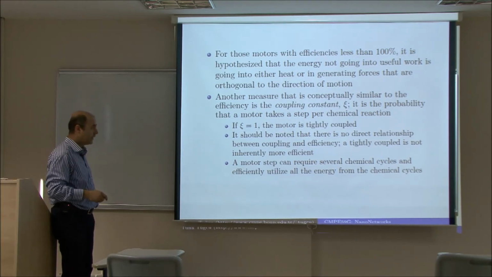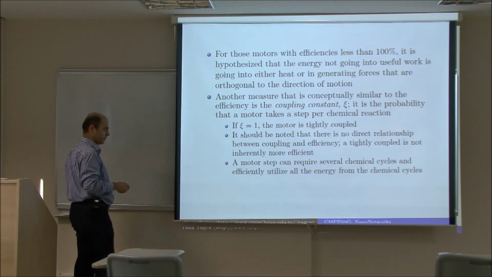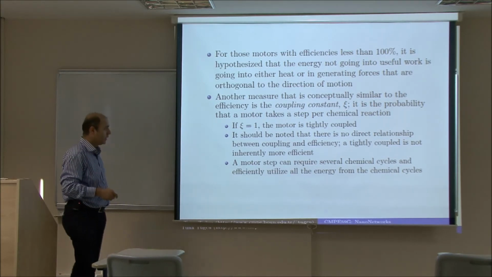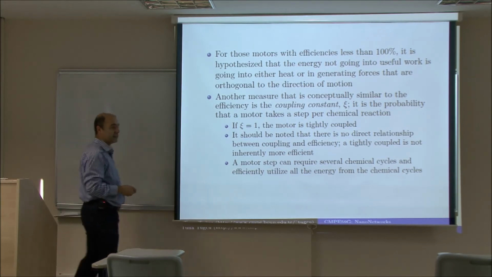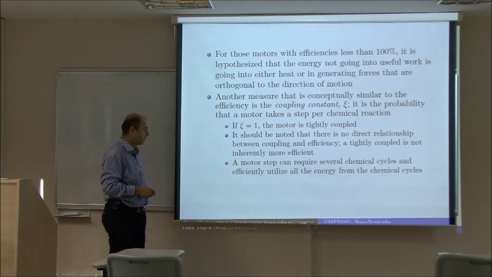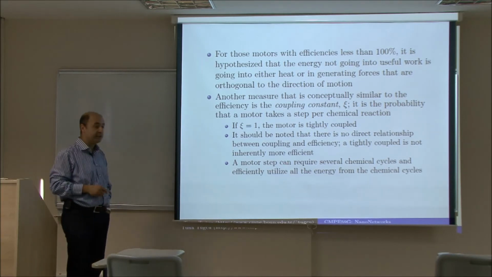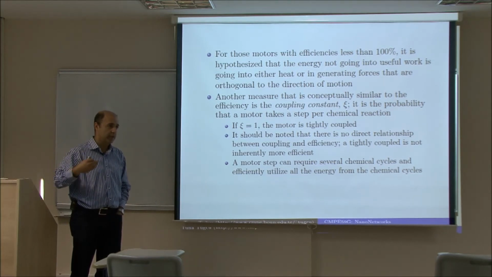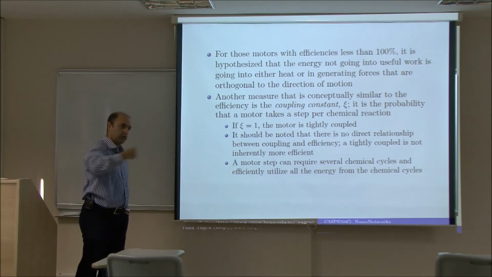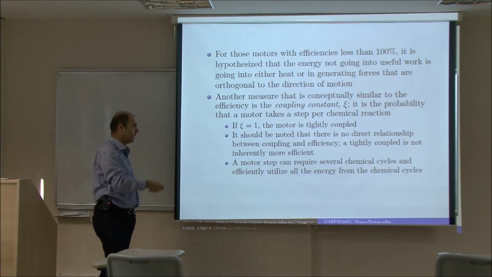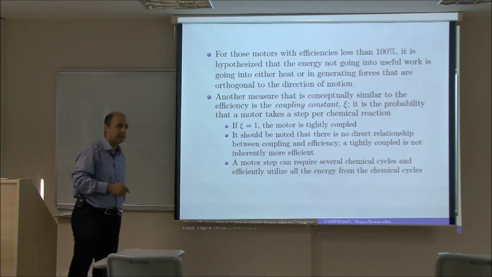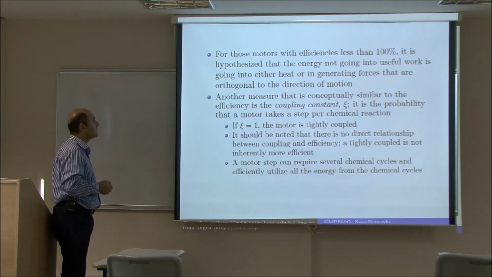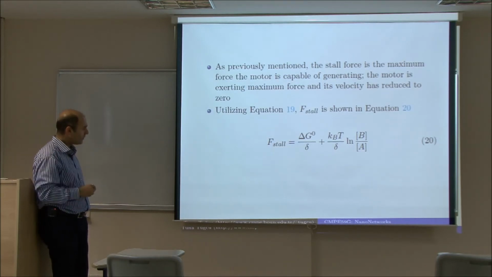You could have a tightly coupled system, but it may not be very efficient. Okay? A motor step can require several chemical cycles also, and its efficiency might be still very good because all of the energy that has been consumed has been converted to useful work. But in that case, the coupling constant would not be 1, for example. So there's no direct relationship between coupling constant and the efficiency.